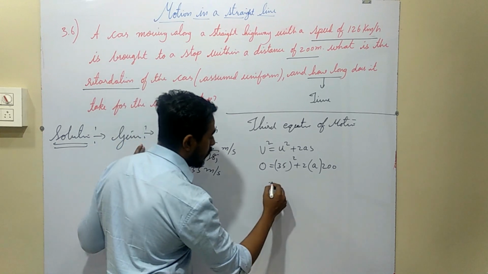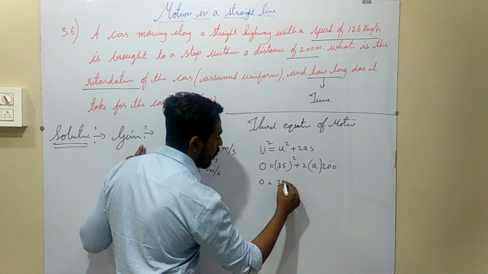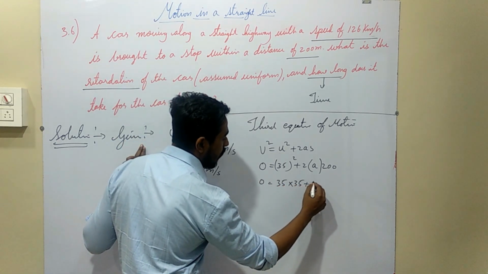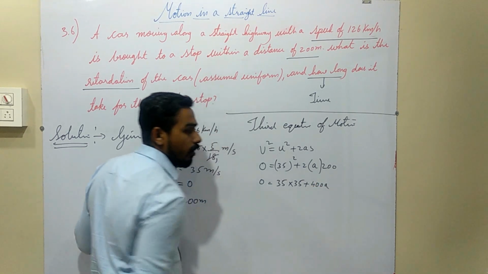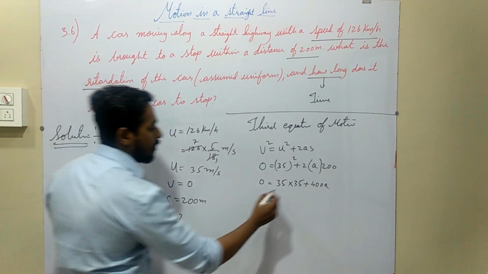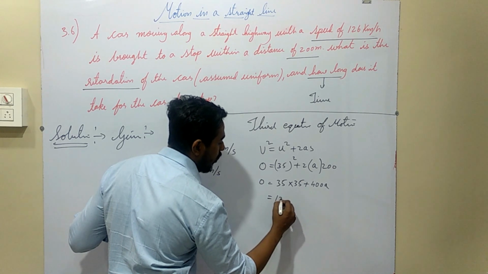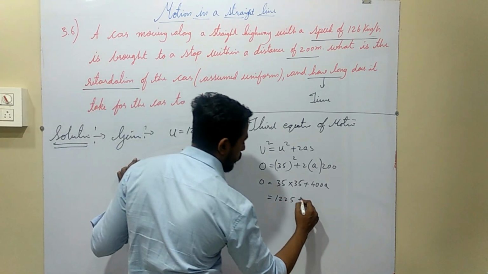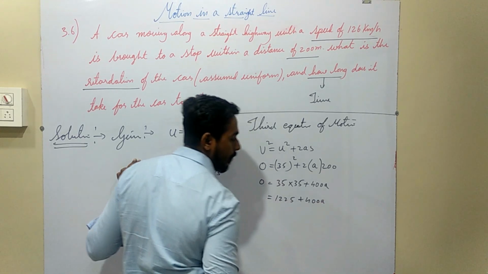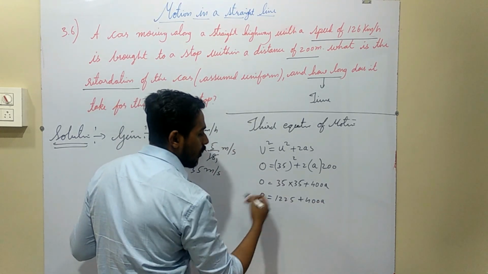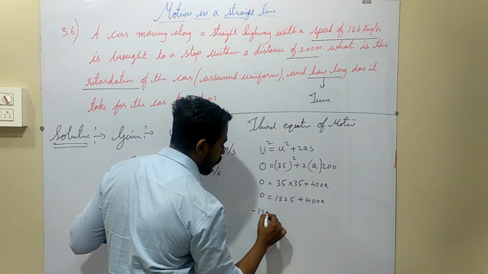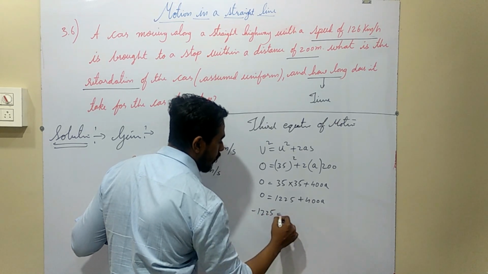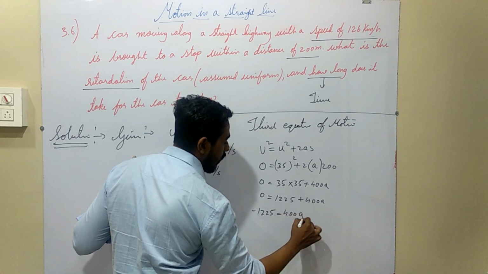When we simplify this, this will be 0 is equal to 35 into 35 plus 400a. Next, this 35 into 35 will be 1225 plus 400a. When we bring this term to this side, this will be minus 1225 is equal to 400a.